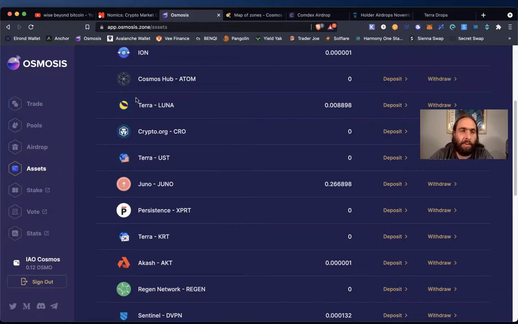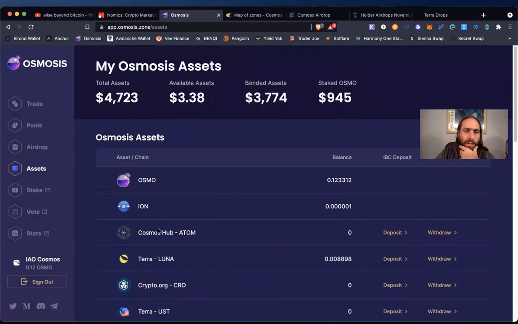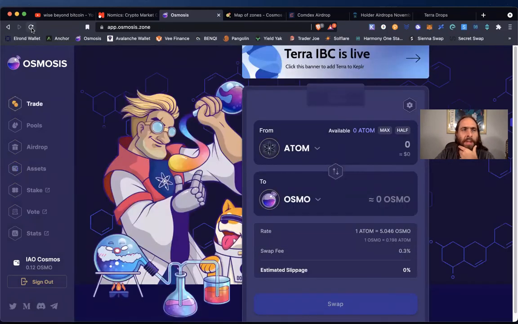These transactions happen real time. Now, this is really cool what's happening right now because this is not just a token or something within a blockchain. We're actually, XPRT is its own blockchain. And Osmosis is its own blockchain. Cosmos Atom is its own blockchain. So this function that was just done is normally, when you're going from Ethereum to Avalanche or from Polygon or from these other networks, there's always a third party.